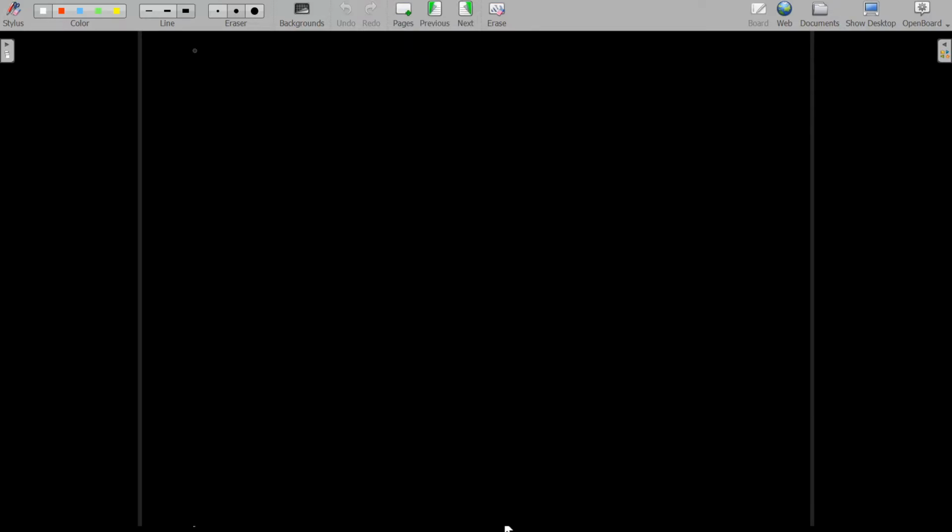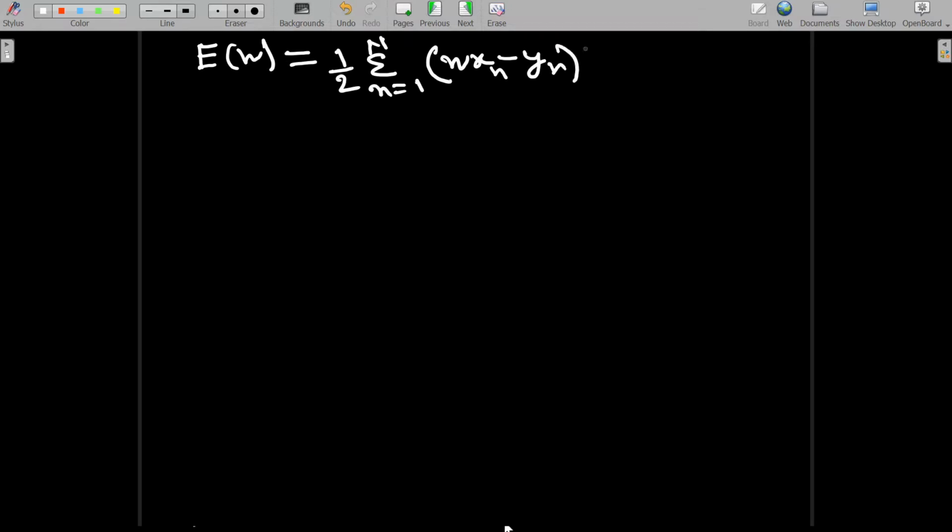Now we have our error function, E(w), which is half the summation from n equal to 1 to N of (w xn minus yn) whole square. Since it has one variable, it can be drawn in 2 dimensions.